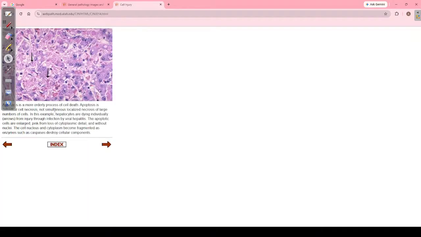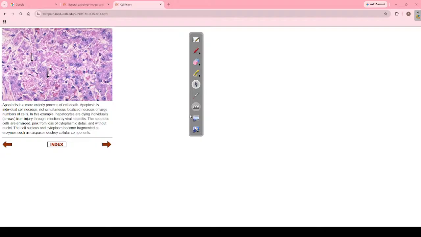So yeah, we were looking at apoptosis, which is a normal process of cell death. It is individual cell necrosis, not simultaneously localized necrosis of a large number of cells.